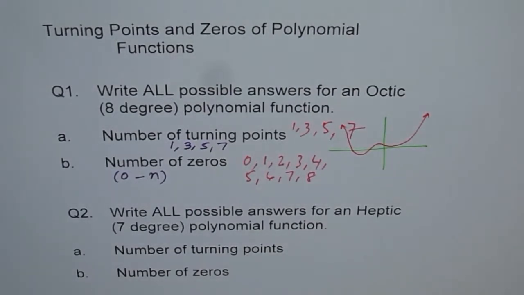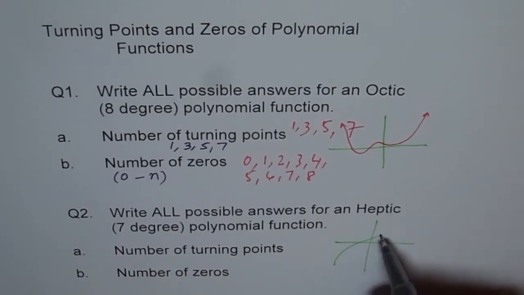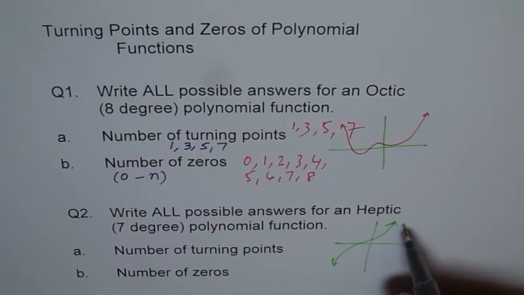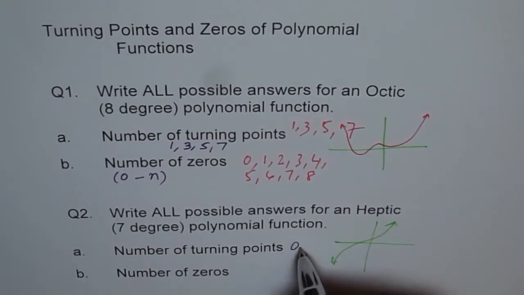Now let's look into a heptic, an odd degree function. We have already considered the even degree function. Odd degree functions have to go from quadrant 3 to quadrant 1, so they can go without turning. So the minimum number of turning points for an odd degree function is always 0.